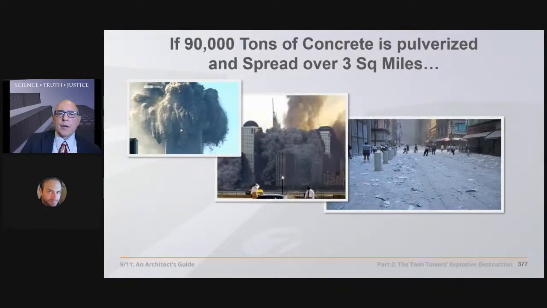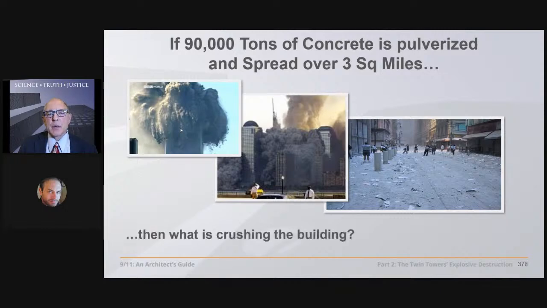Well, if there was 90,000 tons of concrete spread over 3 square miles, then we have to ask ourselves, what's crushing the building? We saw that it wasn't the steel. Now we see it's not the concrete.